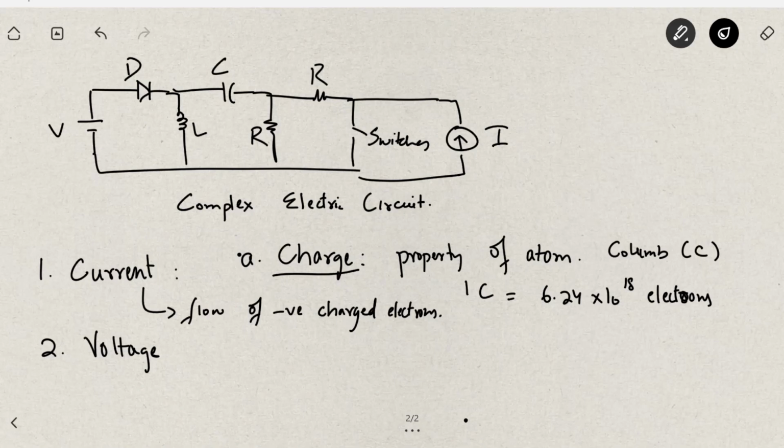Electrons carry negative charge. It's the basic property of any atom, measured in terms of coulombs, and one coulomb is actually the amount of charge carried by 6.24 into 10 raised power 18 electrons. We also know that one electron actually has 1.6 into 10 raised power minus 19 coulombs. And the movement of electrons is what constitutes a current.